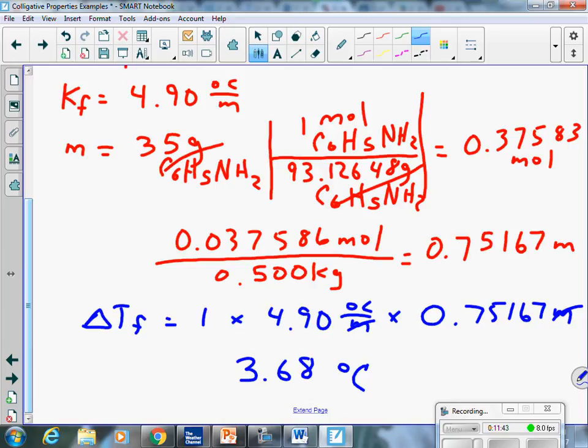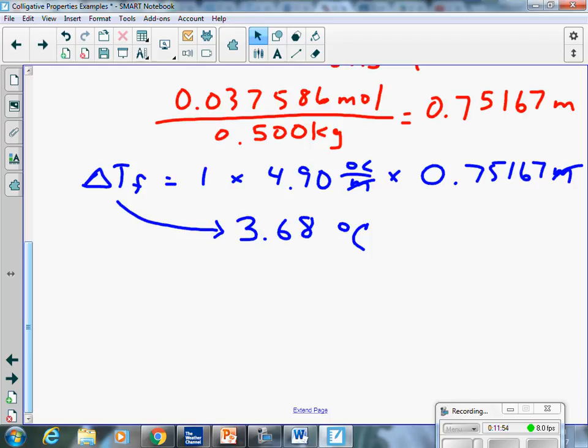Now, once again, I am not completed because that is the change in the temperature of the freezing point. I need to go back and find what was the original value for the freezing point of benzene. And when I look at my chart, benzene freezes at 5.5.